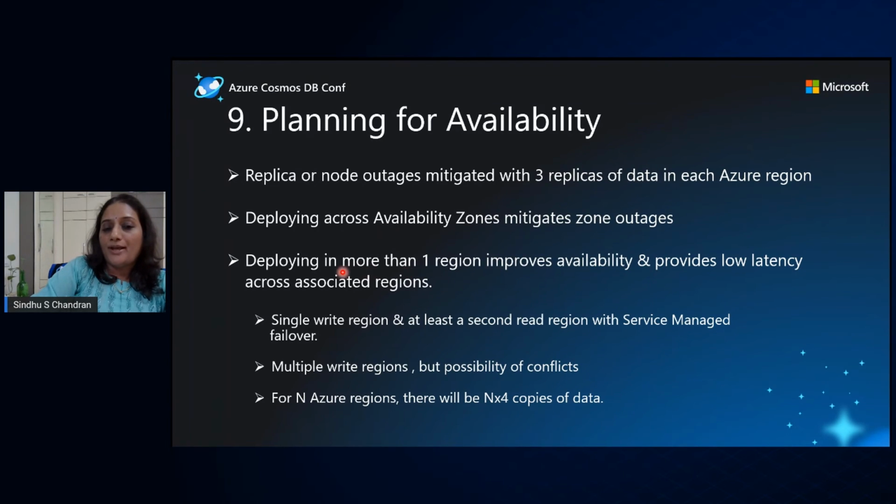When you deploy more than one region, you can have a highly available application, and you could be writing in one region. This is the option that Kirana Q opts for, which is a single write region. So you write to one region, but the read is available from more than one region. This is a good option to provide high availability and low latency.